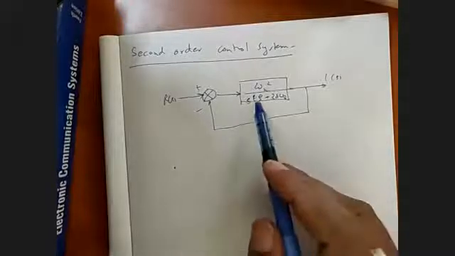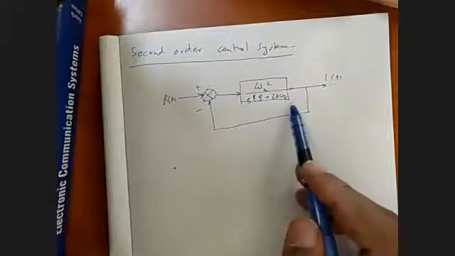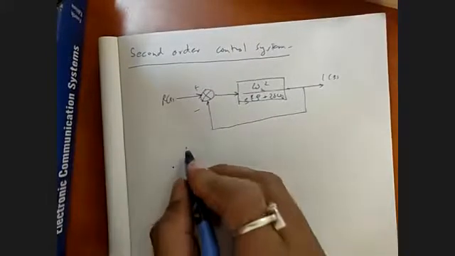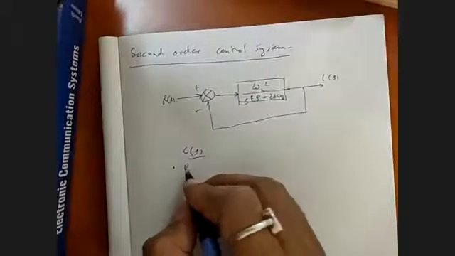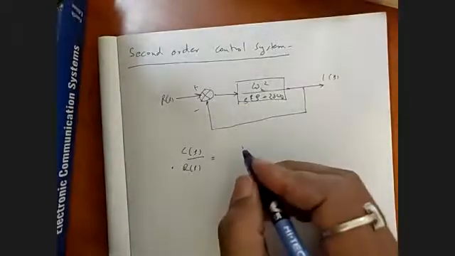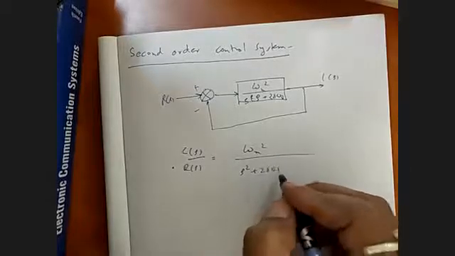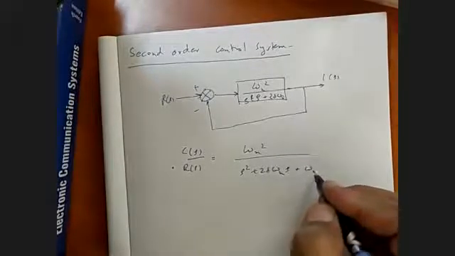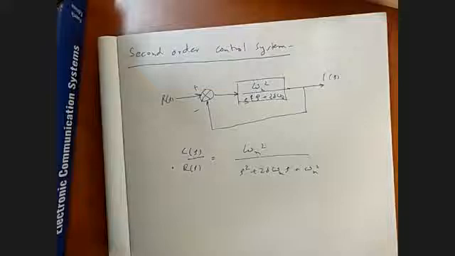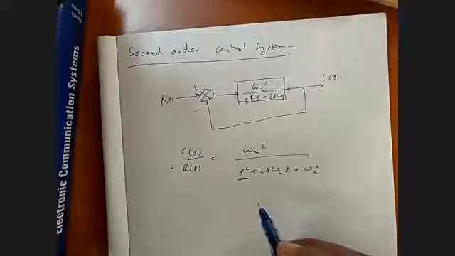We have a block diagram with omega n square upon s plus 2 delta omega n. When we find out C(s) upon R(s) for this, it will come out to be omega n square upon s square plus 2 delta omega n s plus omega n square. The power of the denominator is 2. That's why this is known as the second order control system.